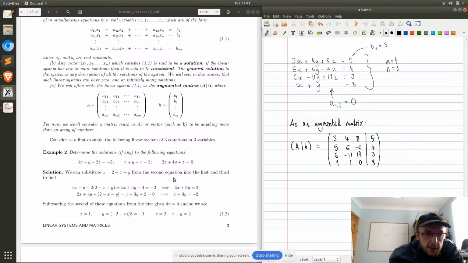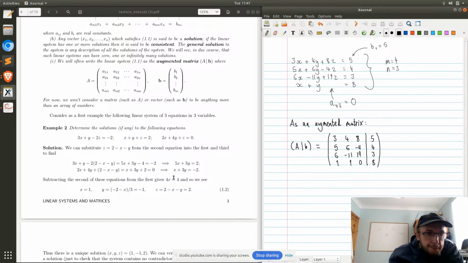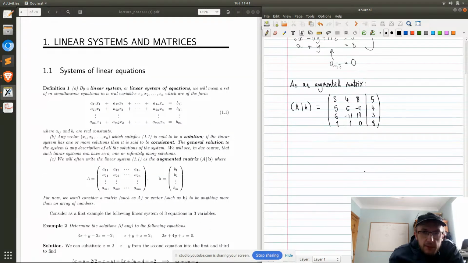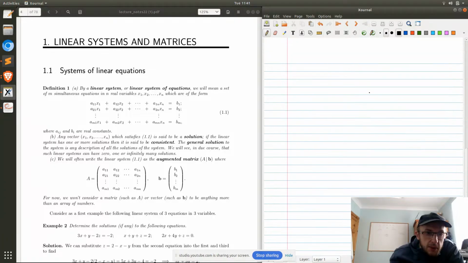Consider as a first example the following linear system of 3 equations and 3 variables. Okay, so we have this system. That's the example they've given us. 3x plus y take 2z equals negative 2. x plus y plus z equals 2. And 2x plus 4y plus z equals 0.